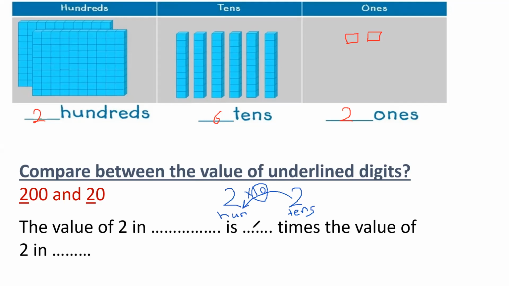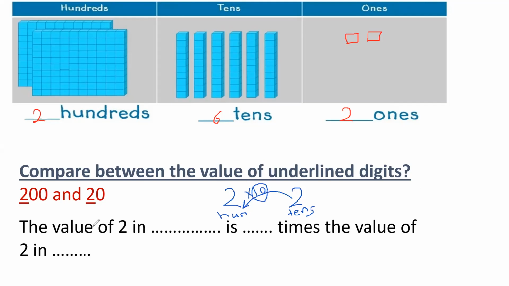That means the 2 in the hundreds is bigger than the 2 in the tens digit by 10 times. Okay, so this is the idea here in this question. You have to know which 2 is the bigger and how many times.